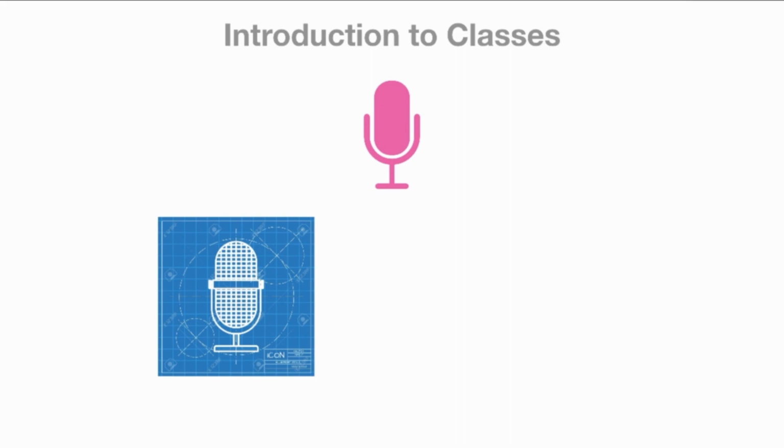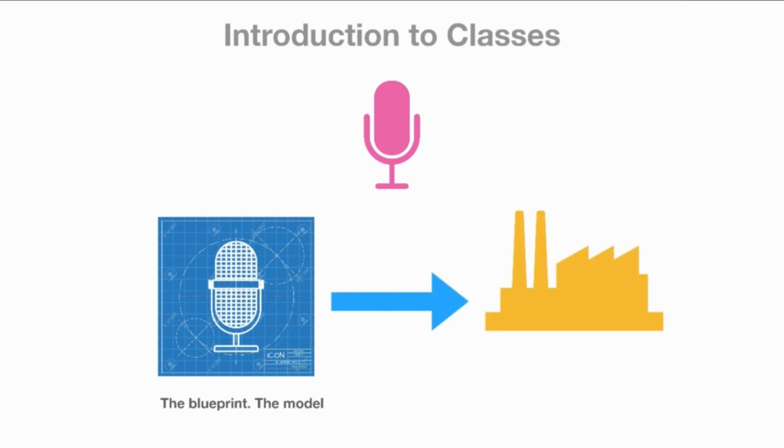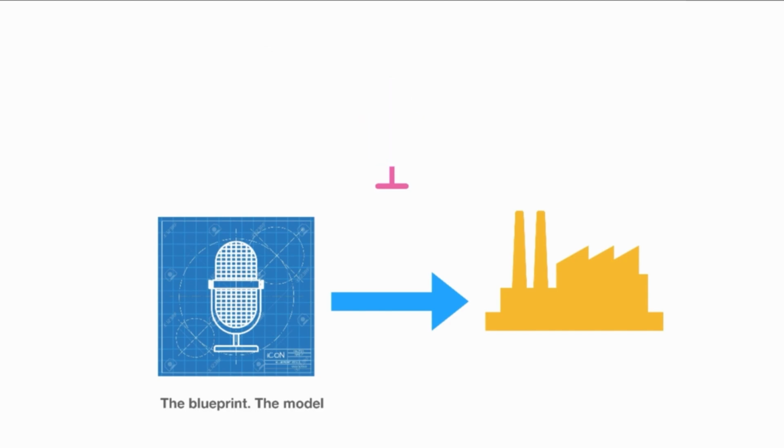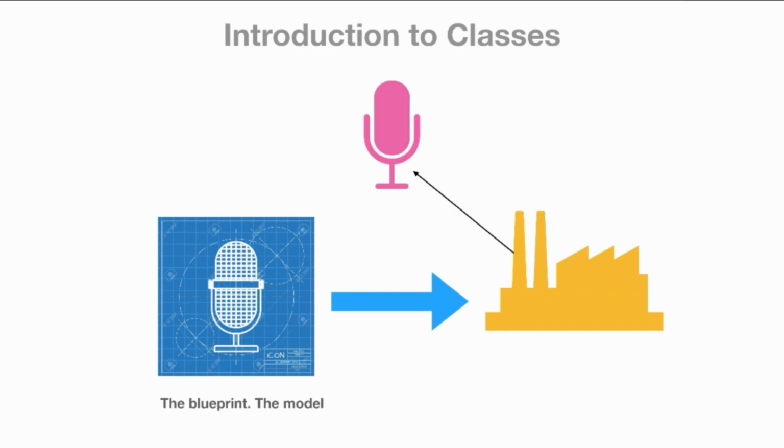Essentially, they had to put together a blueprint, a model of what would end up being a microphone. And once they had that blueprint, they were able to send it to the manufacturer or the factory where they had all the tools and all the parts needed to actually build the microphone.